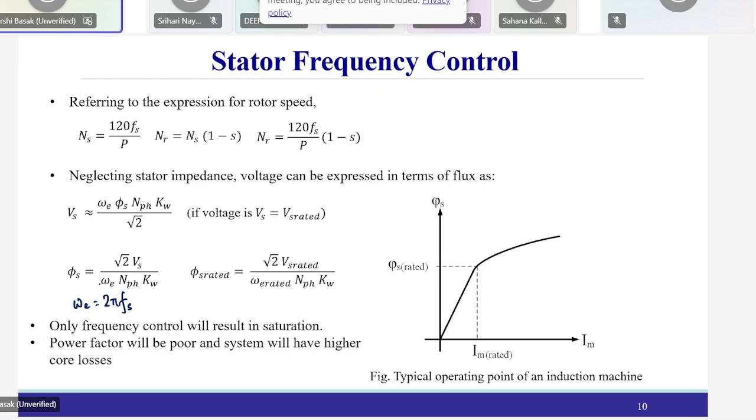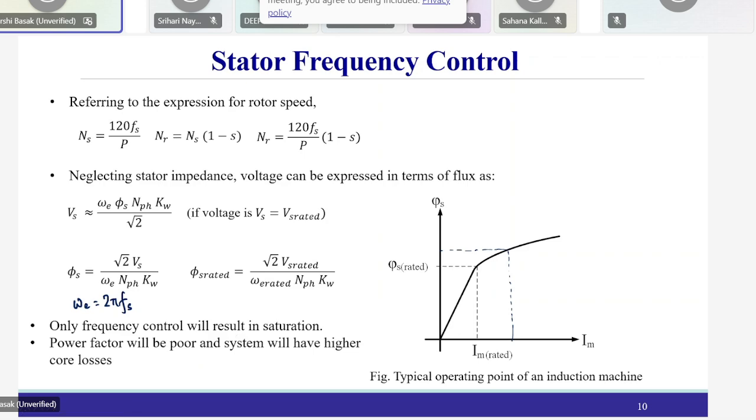So here, if you try to reduce the value of frequency, then your flux will actually go up. And suppose it is going beyond the rated flux, that means suppose your flux is operating here. You keep your voltage constant and change the frequency. Then you will see that the flux is actually going into the saturation region, which is not allowed. So only frequency control will result in saturation.